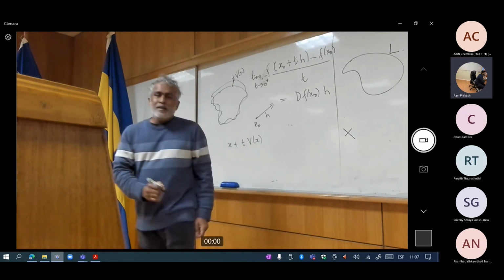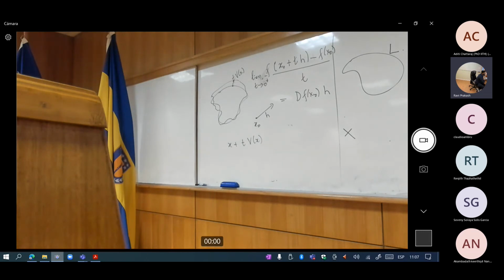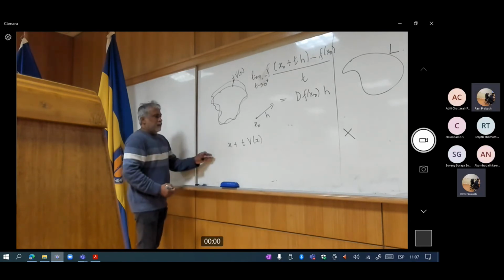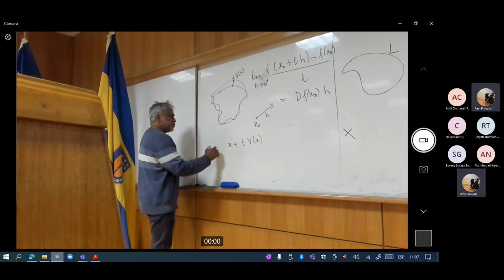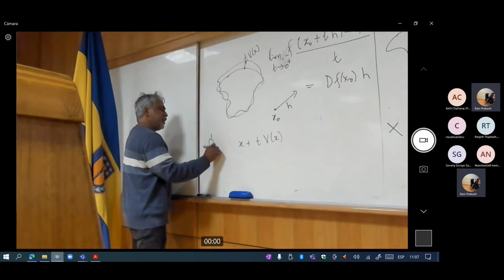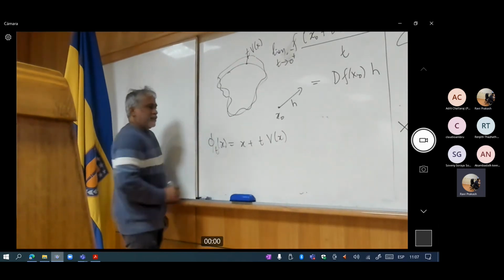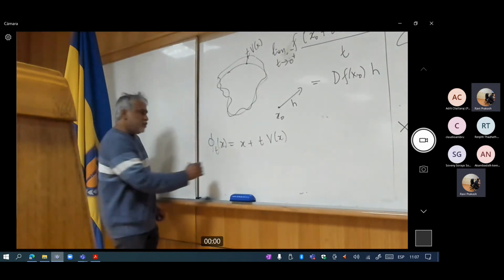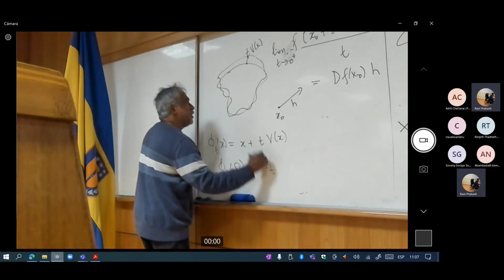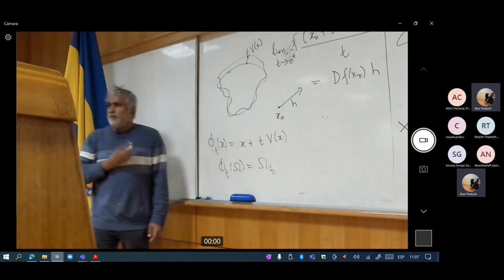Here in the transparency I have used theta. If you call this function phi t of x, then the image of the domain, phi t of omega, will be a new domain omega t with the new boundary.